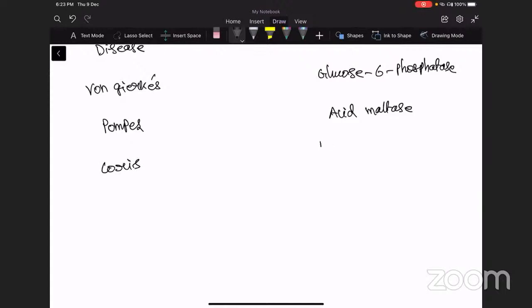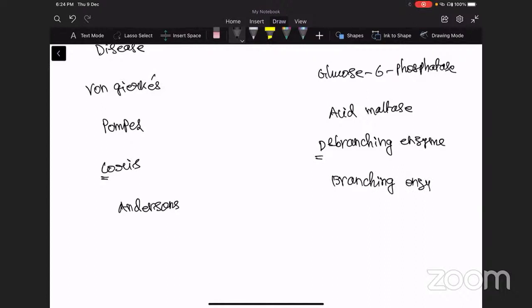Cori's, debranching enzyme. And Anderson's, it is the branching enzyme. You can remember with A, B, and C, D.